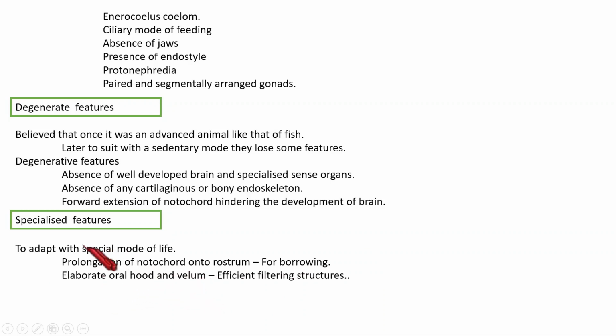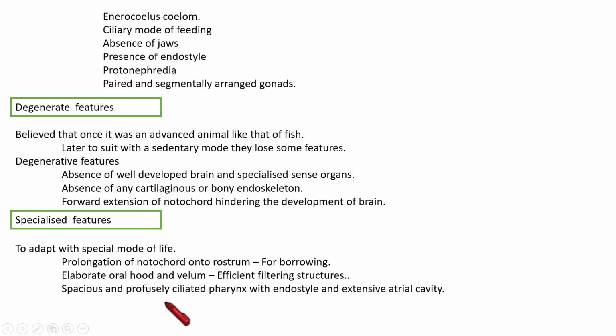That is another specialized feature, and these structures are helping it to filter. Yeah, they stand as filtering structures. Then a spacious pharynx and endostyle and an extensive atrial cavity. Pharynx, endostyle, and atrial cavity. So these are all very spacious. So that's also a special feature to support its sedentary mode of life.